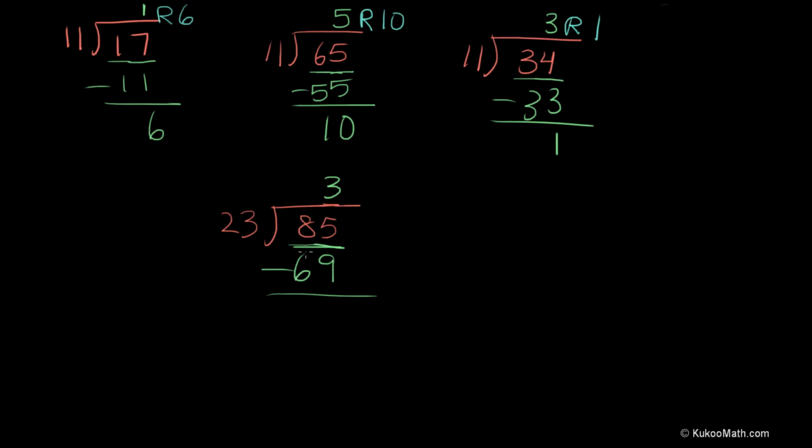So let's cross out the 8, write a 7 here, and then take the 10 that we borrowed and put it in front of the 5 to make 15. 15 minus 9 is equal to 6. 7 minus 6 is 1. So we have 16. And since we have no more numbers to bring down, and we can't do 16 divided by 23, 16 is actually our remainder. So our answer is 3, remainder 16.